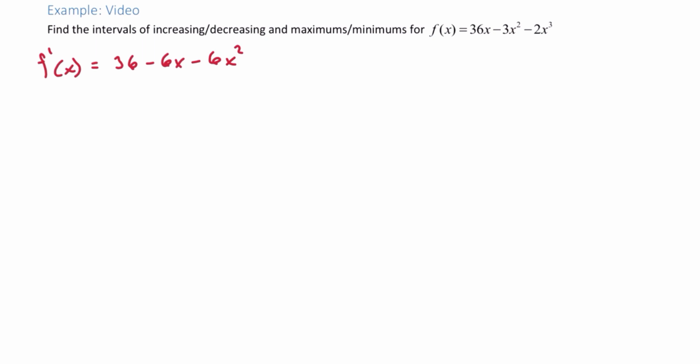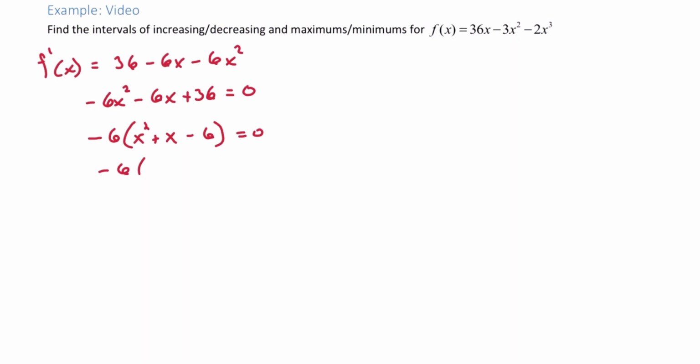From here, we'll set this equal to 0 and factor. So I'm going to start by reordering it slightly. Factor out the GCF, -6. Then factor the quadratic.